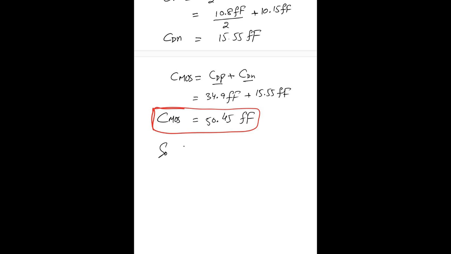So the third quantity is our C out, and we can define it as C out is our CMOS plus our load capacitance.